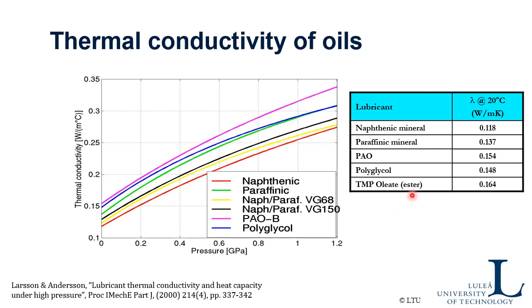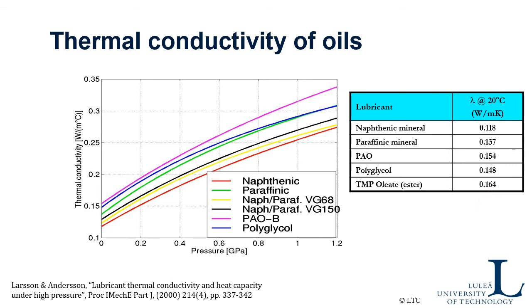But you can also see here that the lubricant type or the base oil type has some effect. Mineral oils typically have lower thermal conductivity, while synthetic esters have higher numbers.